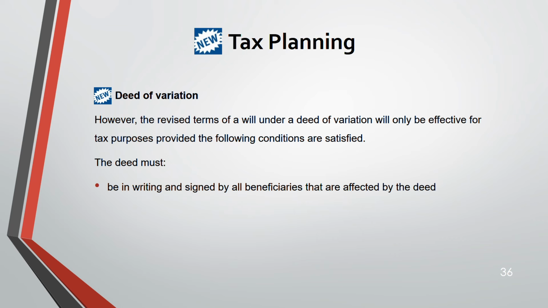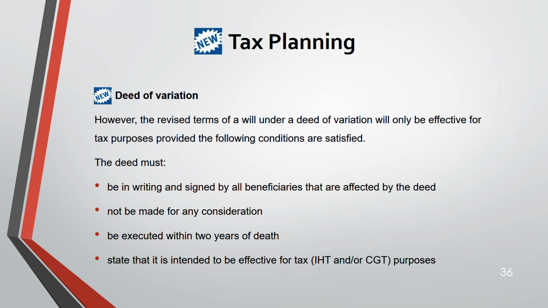Next, it must not be made for any consideration. Third, it must be executed within 2 years of death and it must state that it is intended to be effective for tax, IHT or CGT purposes.